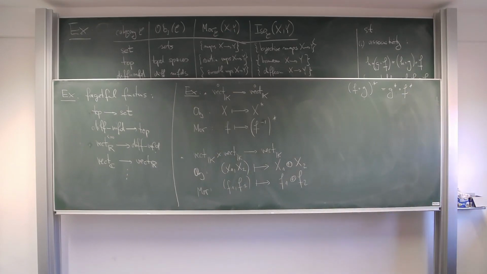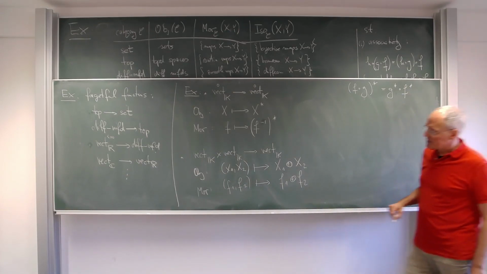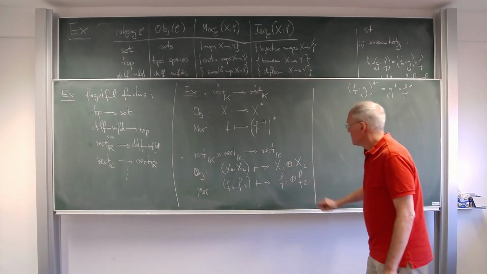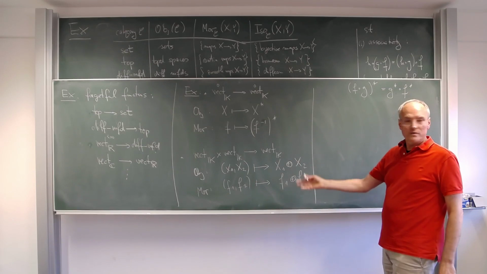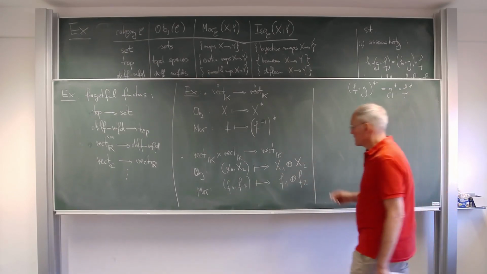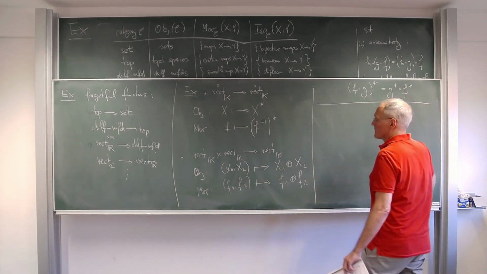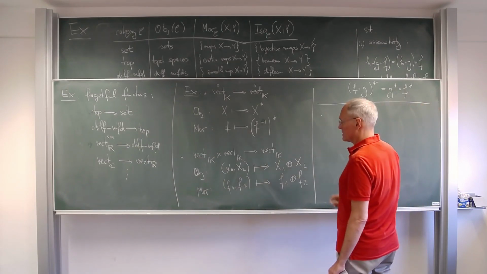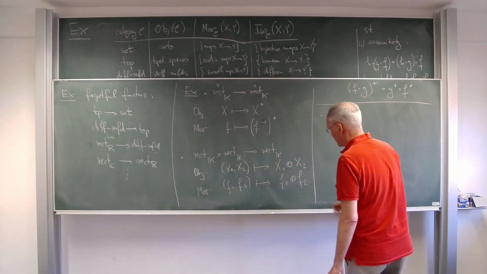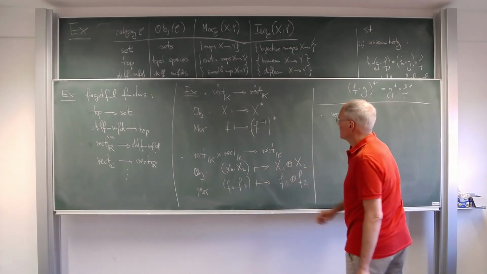So that would be a functor which describes taking direct products. You could also similarly do this with tensor products or with wedge products and such. So for example, similarly, tensor product, and you can also take more than two entries.